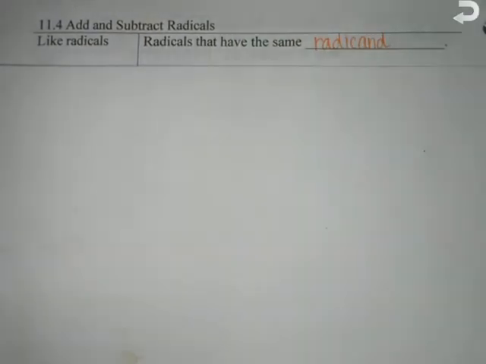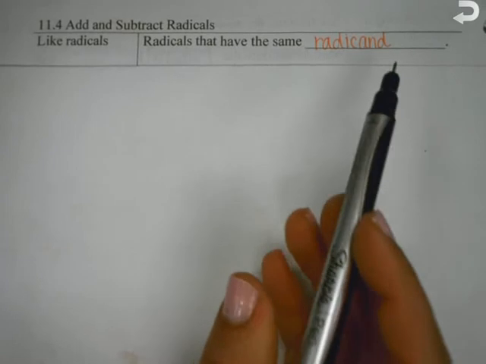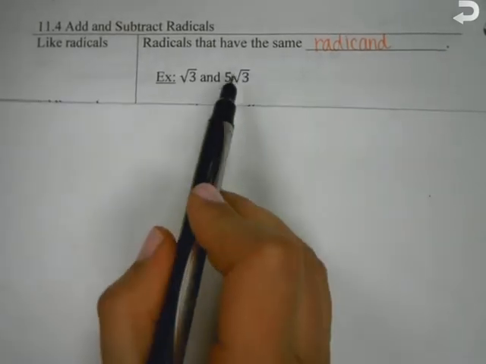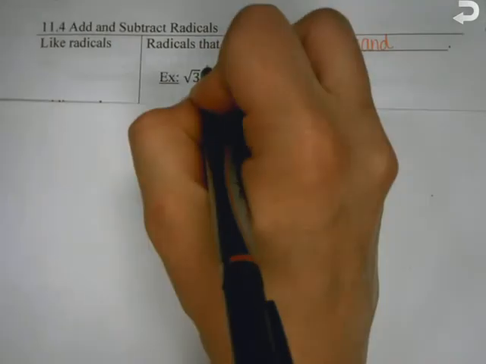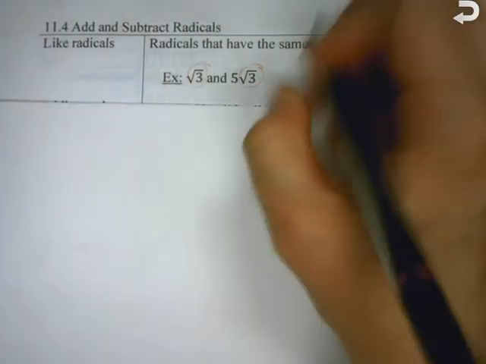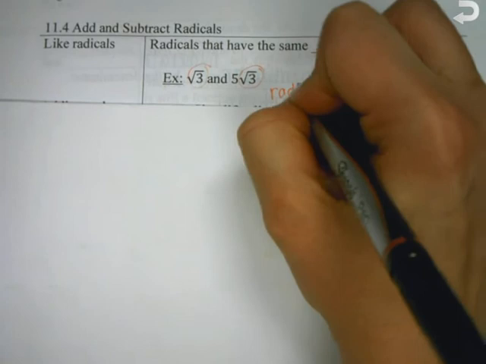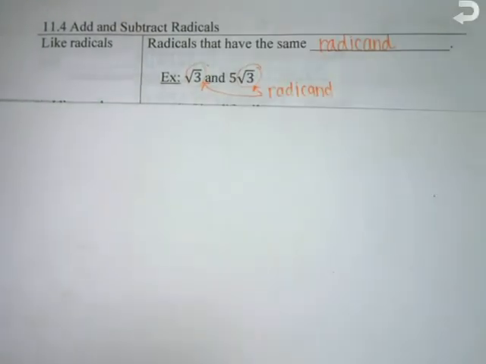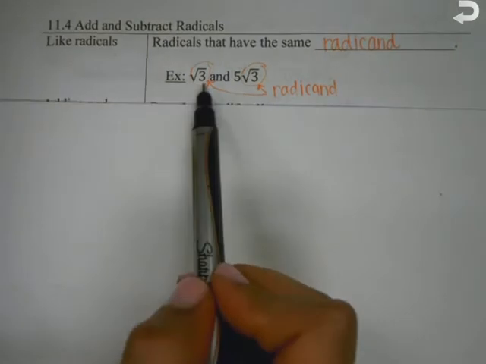Okay, so radicals that have the same radicand. So, for example, square root of 3 and 5 square root 3. The radicand is the root 3 part. That's what it's called. I just call it the roots. But it means that the root or the radicand are exactly the same.